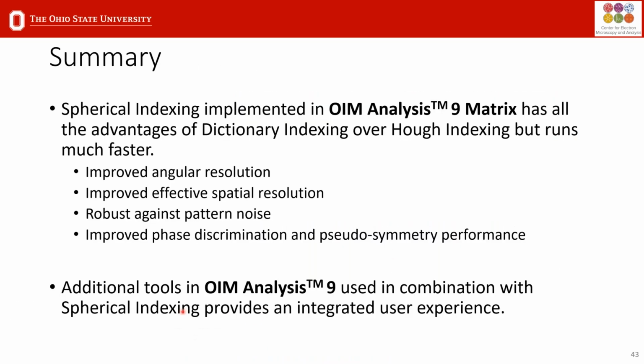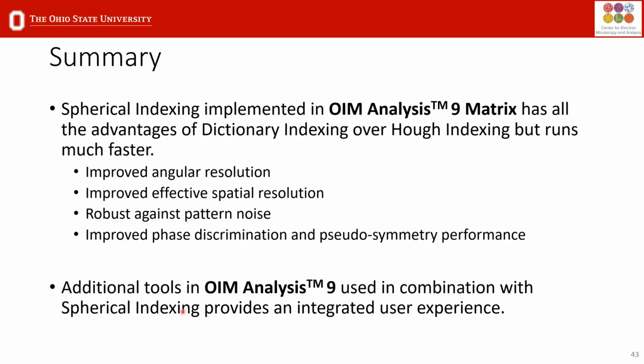So in summary, spherical indexing as implemented in the OIM Matrix software has all the advantages of dictionary indexing over Hough indexing, but it runs much faster because you only have one pattern to compare against your experimental patterns. So when you apply it practically, you don't really have to think about all the equations or anything.